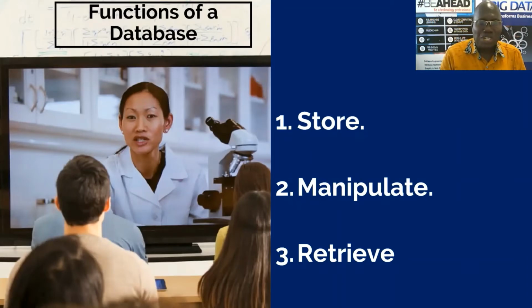Now, when you retrieve stored data and you have manipulated it, it then becomes useful information. So these are the functions of a database. Number one, you store, you manipulate, and then you retrieve the data, which is useful information.